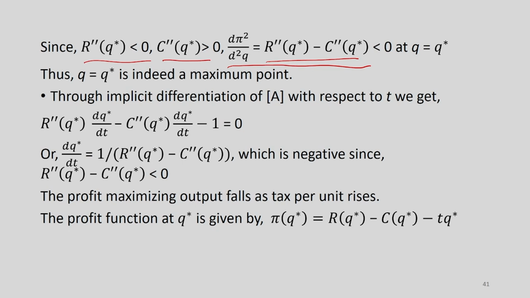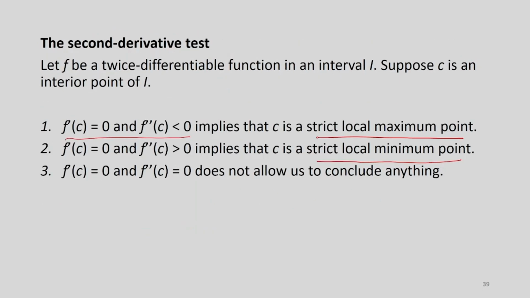Now, this first term is negative, right? The second term is positive, which means this entire thing is negative, right? And that basically tells us that Q equal to Q star is indeed a maximum point, right? Because that is what we have seen in the previous slide, that at c, f prime of c is equal to 0, that is a stationary point, and at that very point the second derivative is negative.